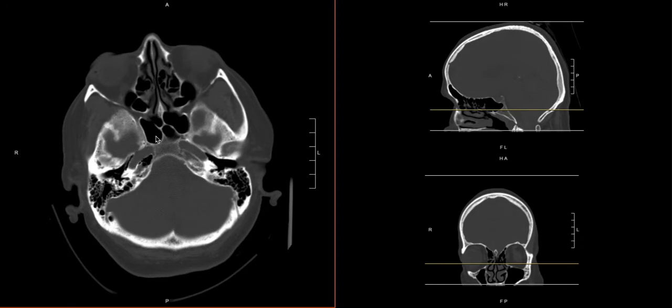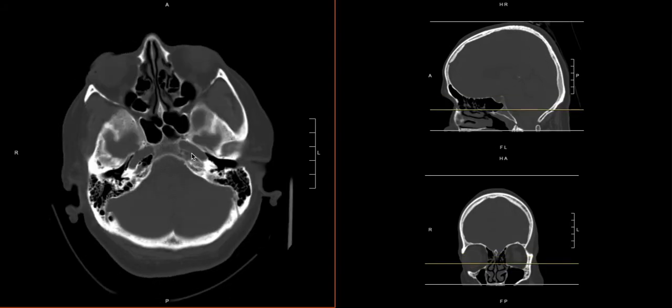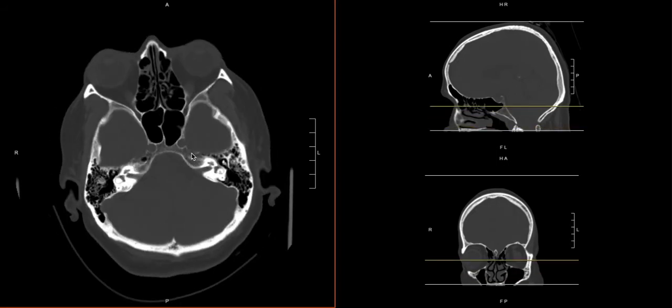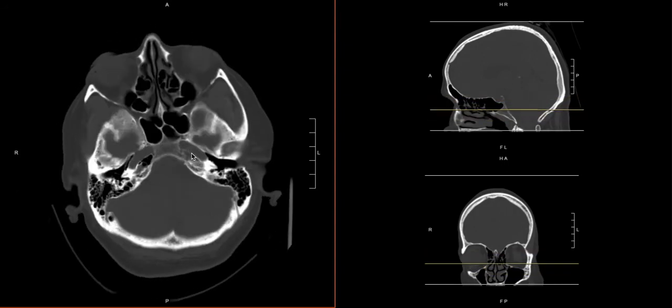So we can look all around here and make sure there are no fractures that extend into our carotid canals, because that will, of course, also be an indication for a CT angiography to look for vascular injury. And we can try to follow our carotid canals down and up and look for any other fractures of the skull base in this area.